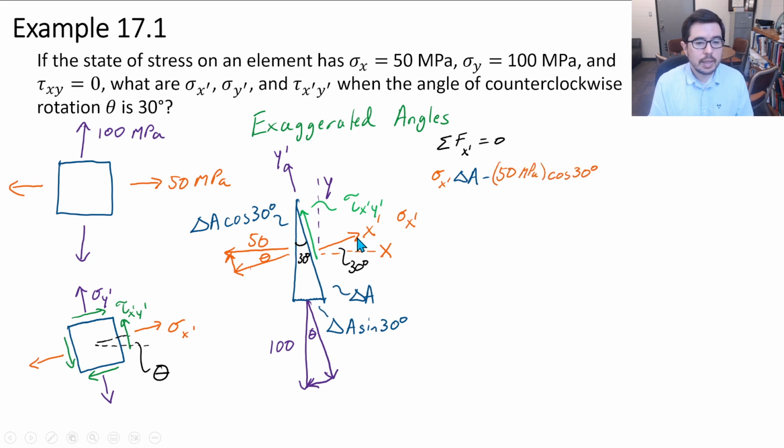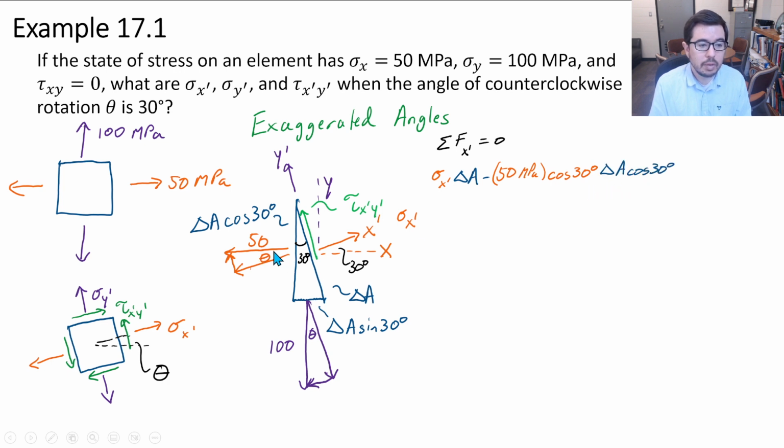So sigma x prime is this one, in this direction, acting on this face, gives us this force. Now, it's sometimes easier to do things on faces, or maybe it's sometimes easier to depict things on vectors. It doesn't matter. You can do it, but we just have to be careful and account for all the contributors. So here we have our delta A cosine 30 degrees, and that is one face, which is right here.